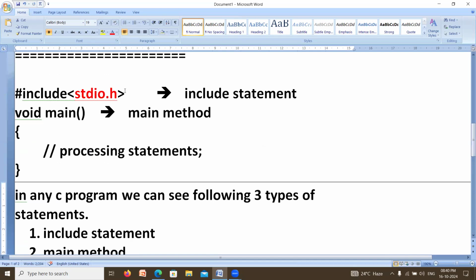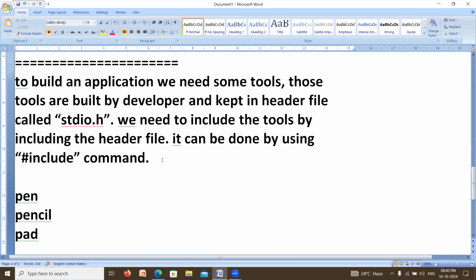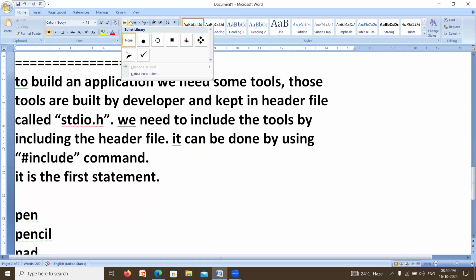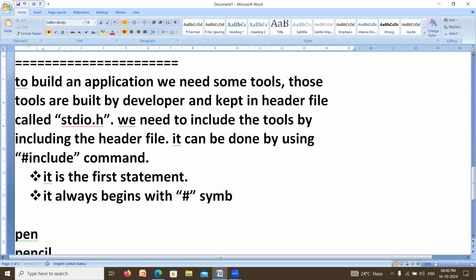We need to write this line of code at the top. It is the first statement. You have to start any C program with a hash include stdio.h. So it is called the first statement. It always begins with a hash symbol.